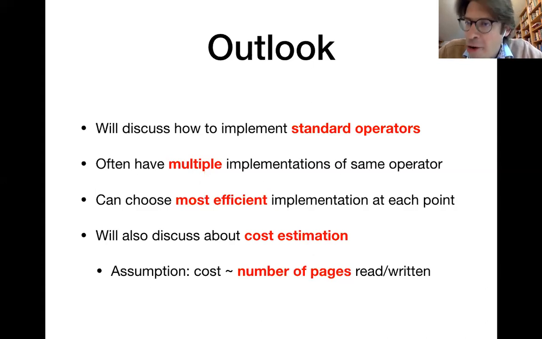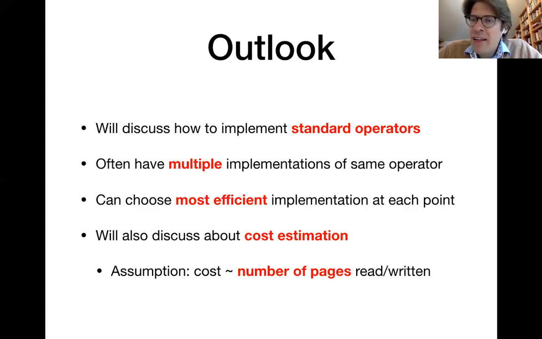And this is what allows the database management system to choose, in each situation, the implementation which is most efficient. That is the reason why you want to have different implementations. For each case, you have an implementation that is just right for that specific case. So we will discuss a couple of different algorithms.